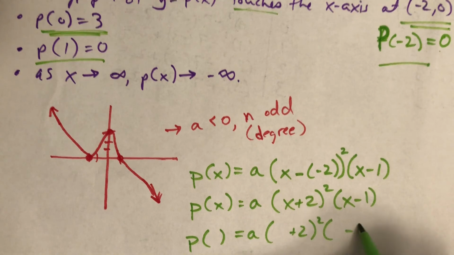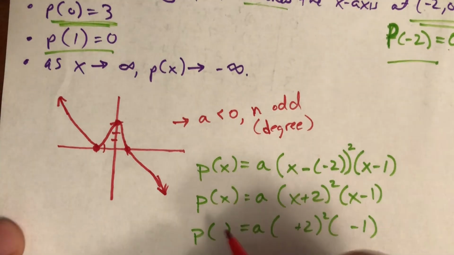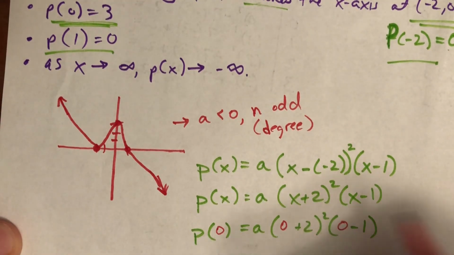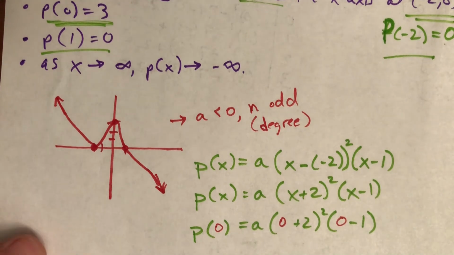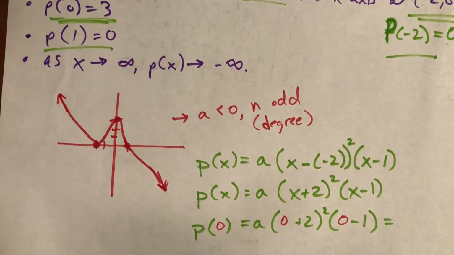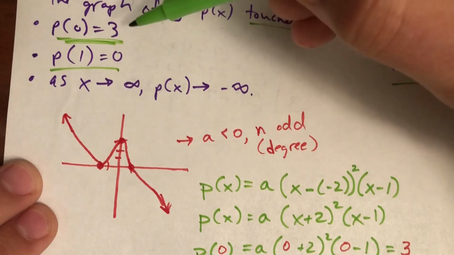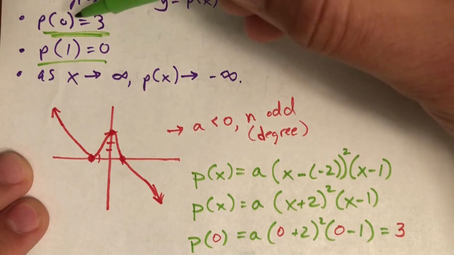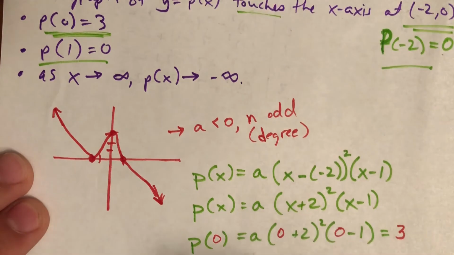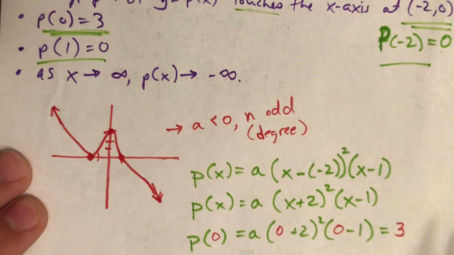When x is 0, the function value has to be 3, so we crank a 0 through the function and it's got to be 3.